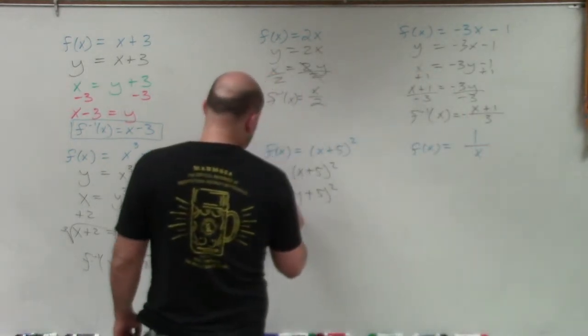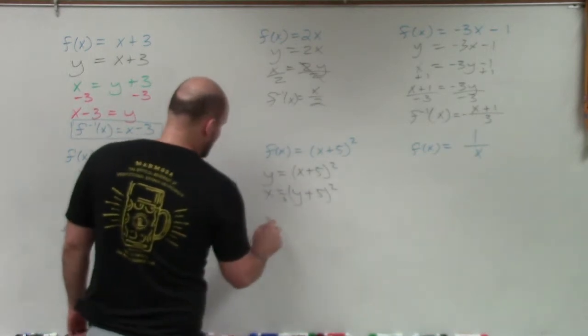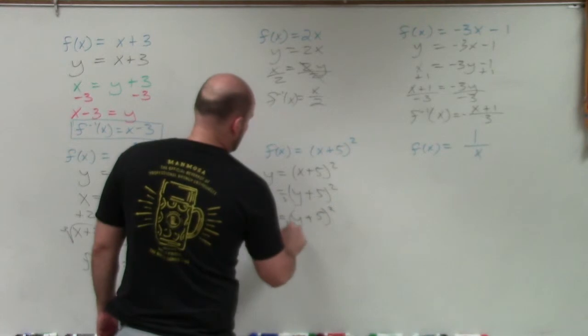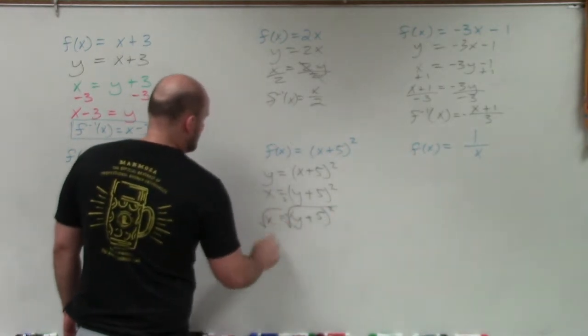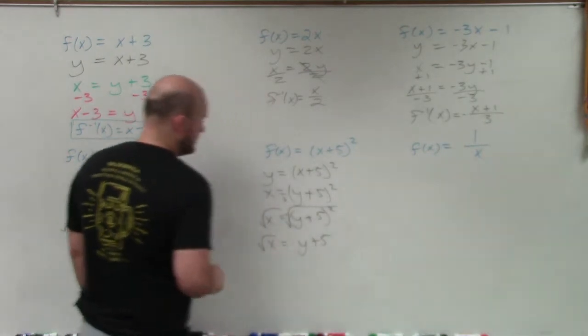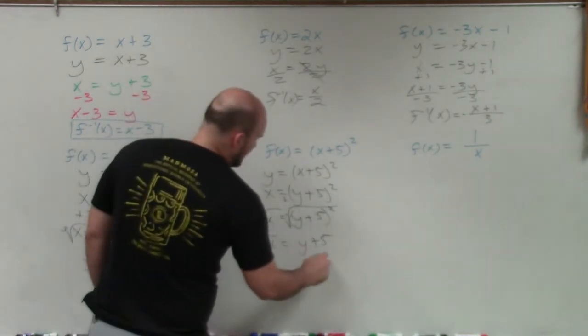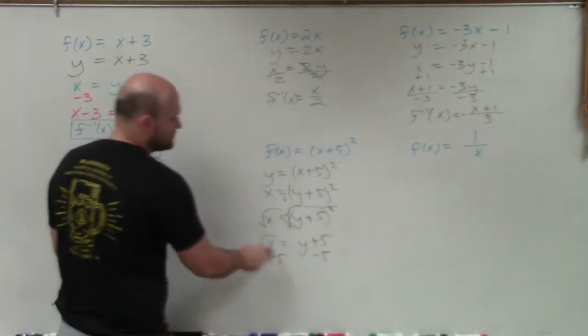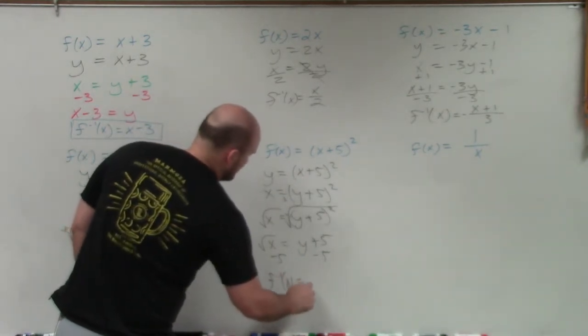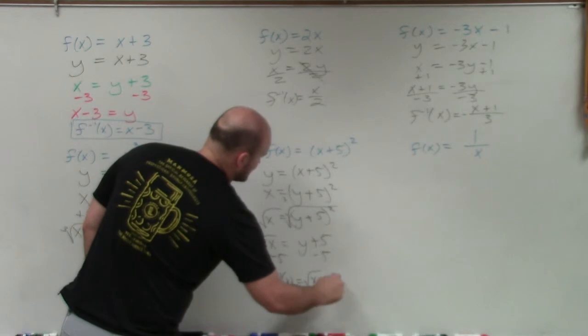To undo squaring, I need to take the square root of both sides. So therefore, I have the square root of x equals y plus 5. And then to solve for y, I subtract the 5. So my final answer is f inverse of x equals the square root of x minus 5.